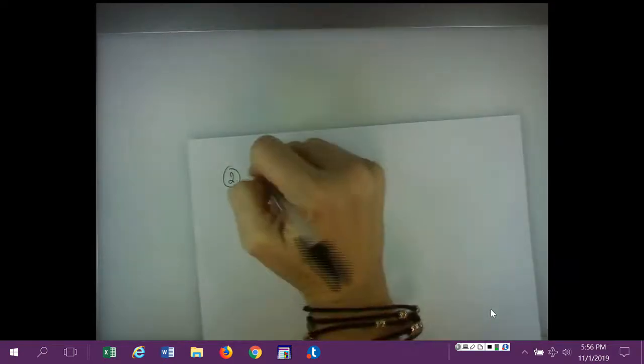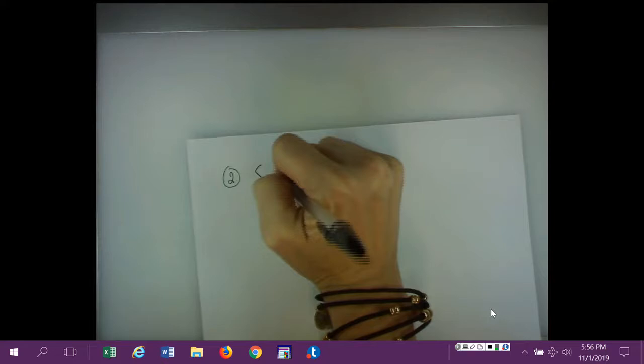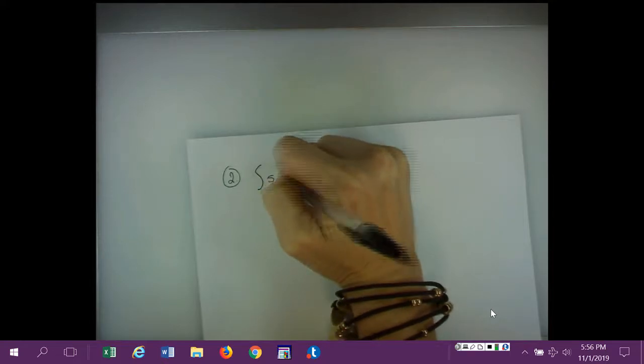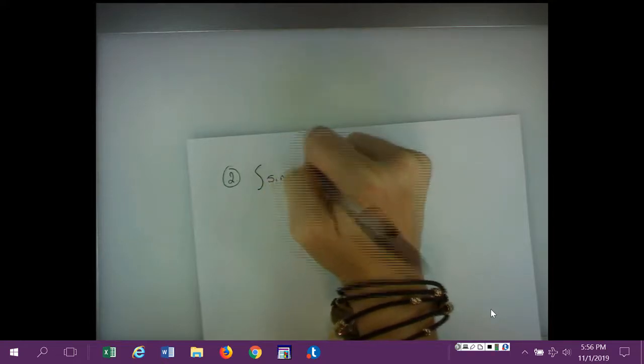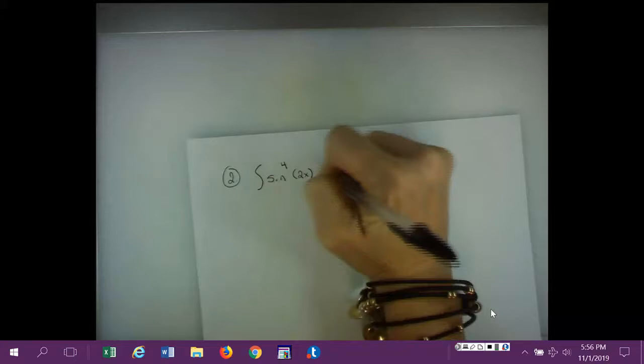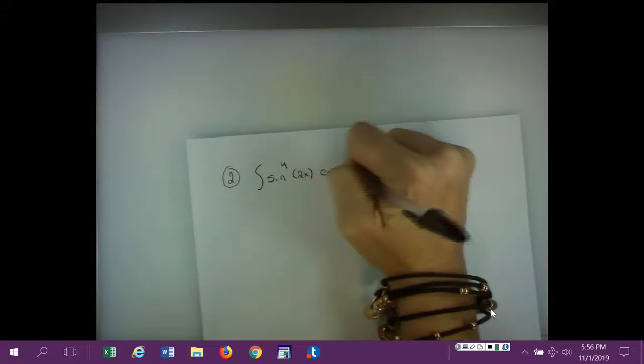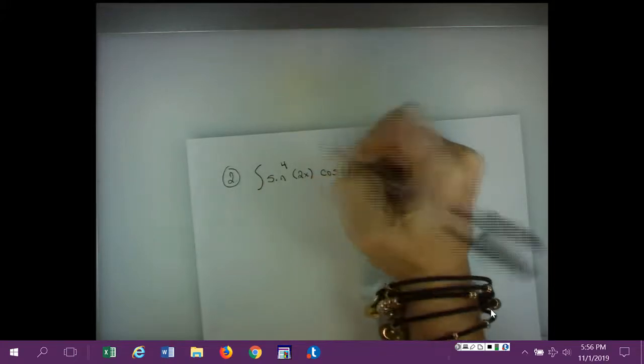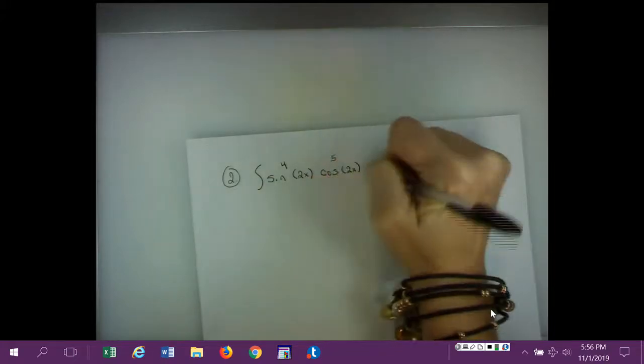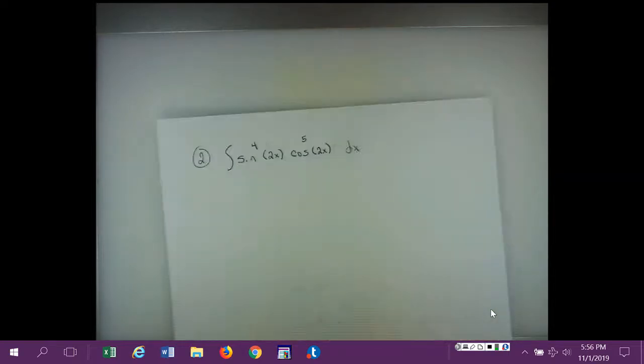The one that I would like for us to do together is sine of 2x to the 4th, cosine of 2x to the 5th. Sine of 2x to the 4th times cosine of 2x to the 5th.